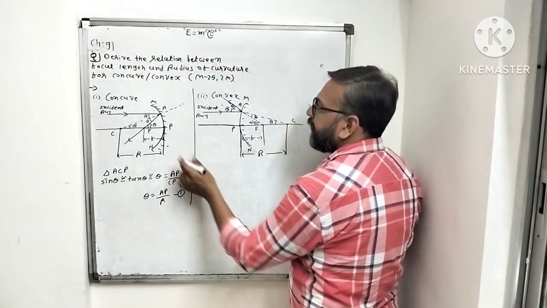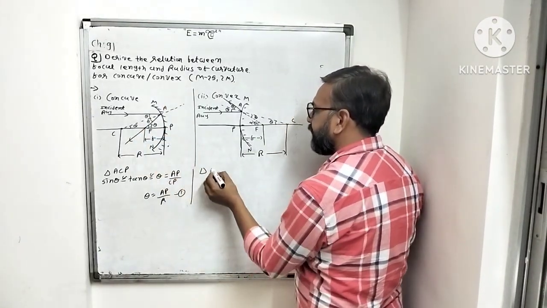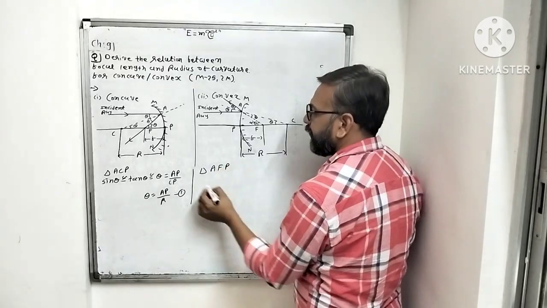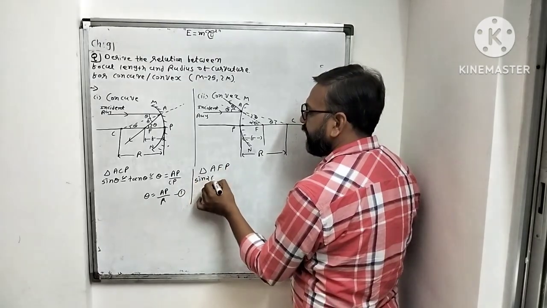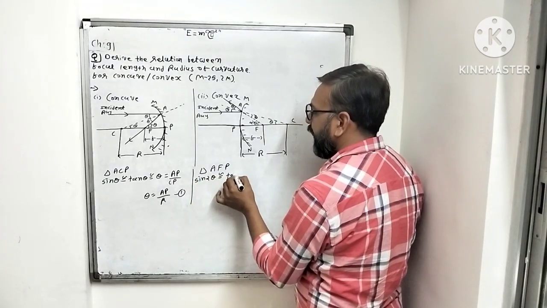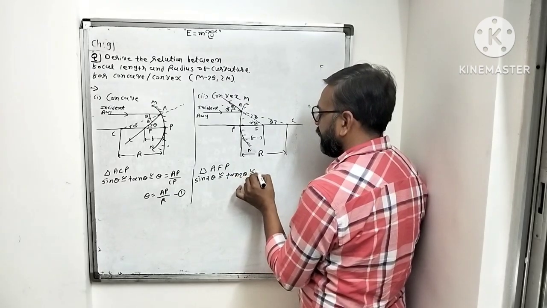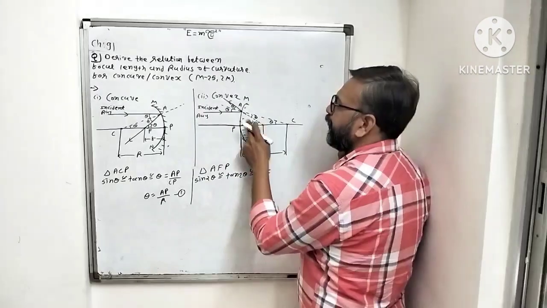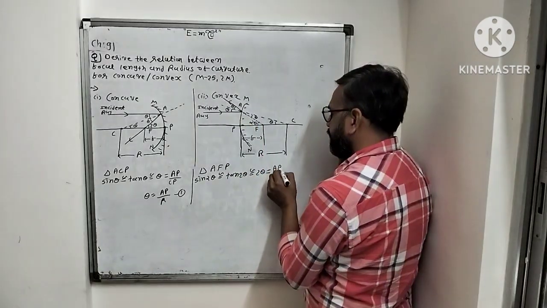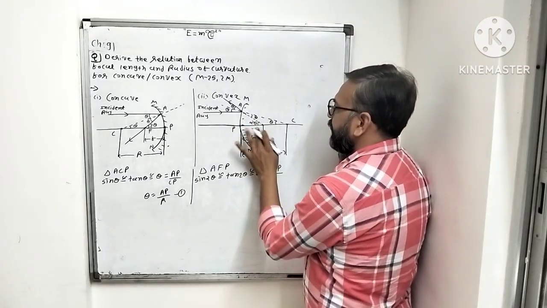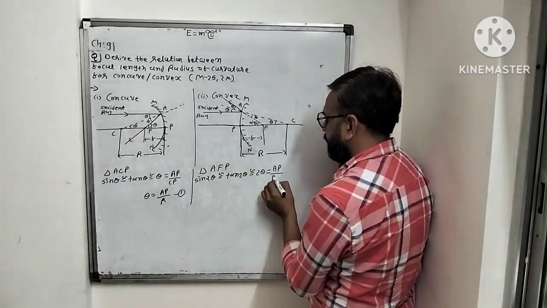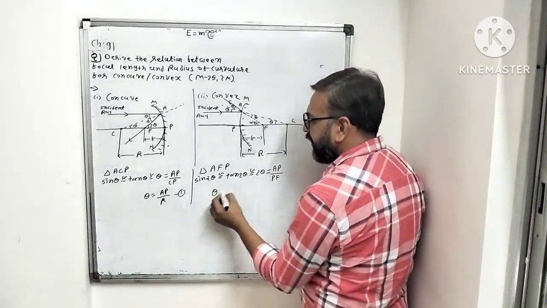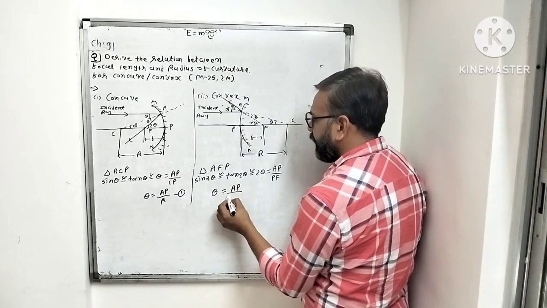Now in triangle AFP, sin 2 theta equals tan 2 theta equals 2 theta, opposite AP upon adjacent PF. Make theta the subject, so equation 2.